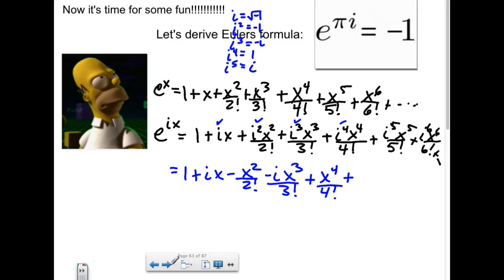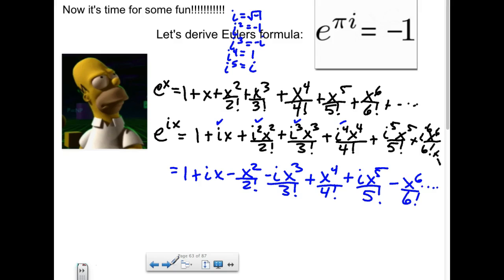So we're going to keep going a little bit. i to the 5th, according to my calculations, is just i, right? What would i to the 6th be? If it goes i, -1, -1, i, and then it's going to be i what? -1. So I'm going to take it that far.